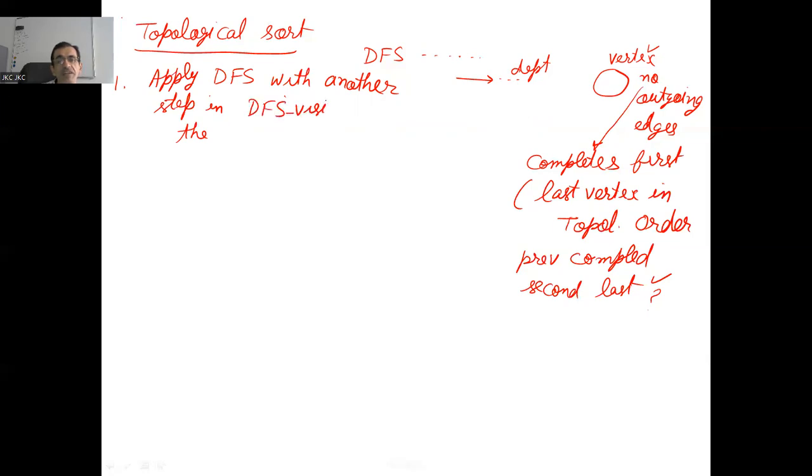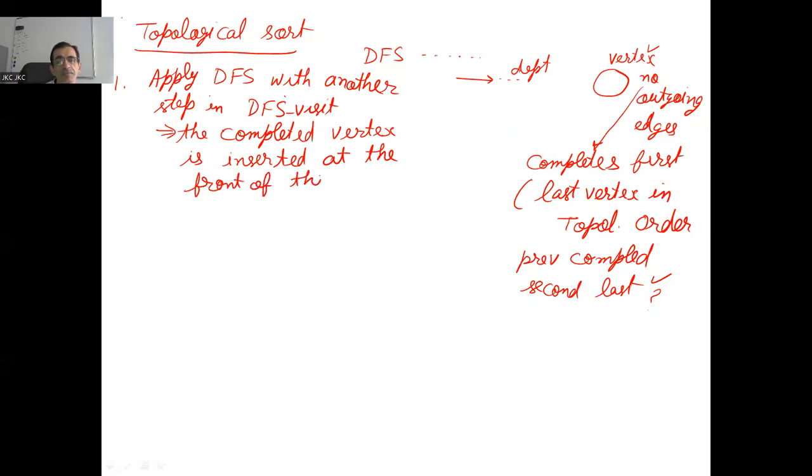And what will be that step? That the completed vertex is inserted at the beginning or at the front of the output list.